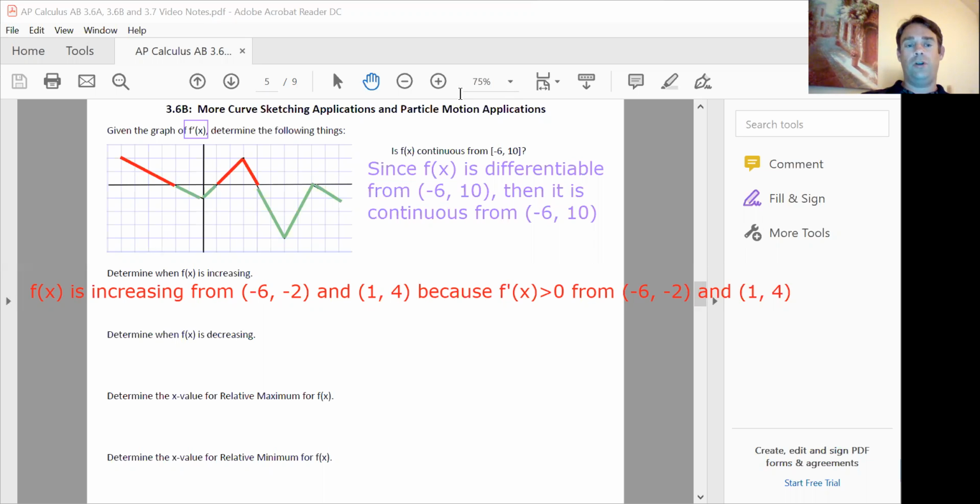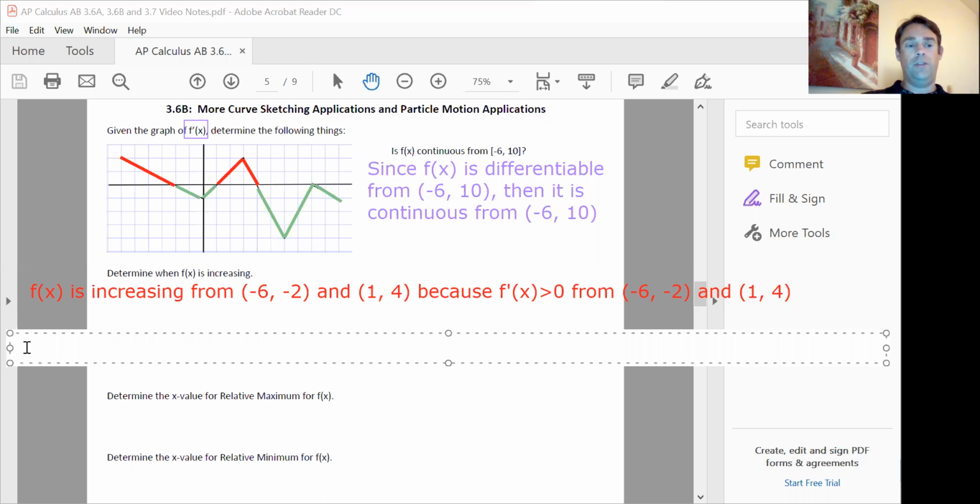Wherever this is green, that's where it was decreasing. So let's go ahead and write ourselves a thing about decreasing. Let's see here.